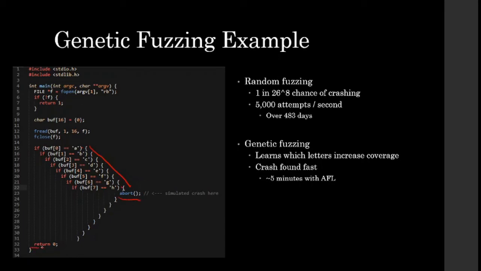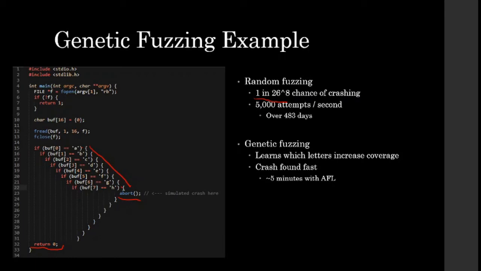Otherwise it just returns normally. With a random or incremental strategy, there is a 1 in 26 to the 8th chance of crashing this. If you're able to manage 5,000 attempts per second, I calculated that it would take over 483 days of constantly running this code to get the crash.